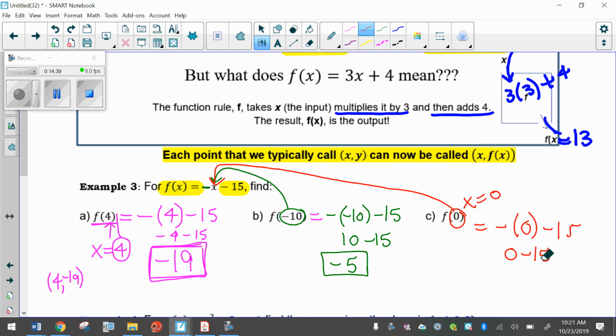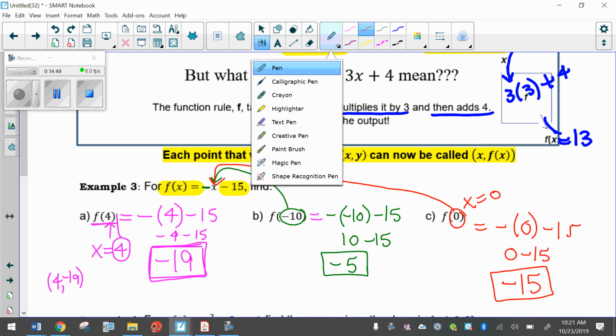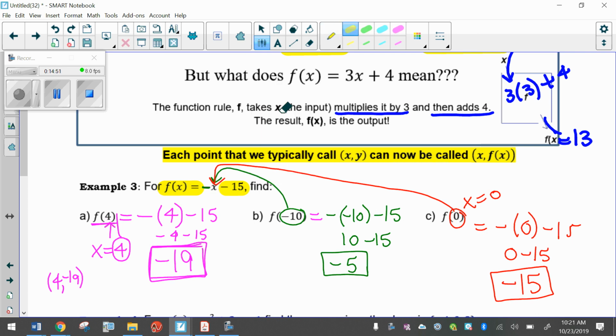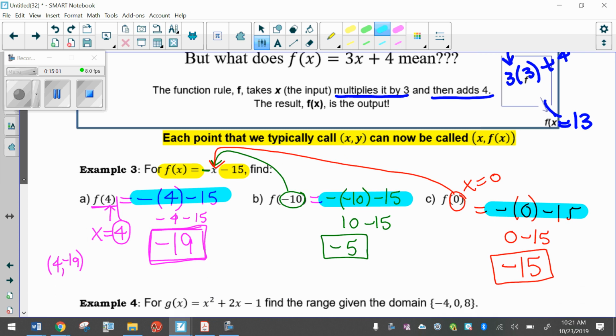And then minus 15. The answer is negative 15. So again, you can do them in your head like I did, or don't be afraid to just put this all into the calculator. Your calculator knows how to handle the parentheses and the PEMDAS, so you can use it if you'd like.